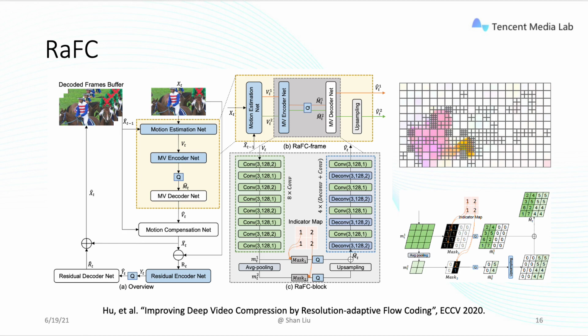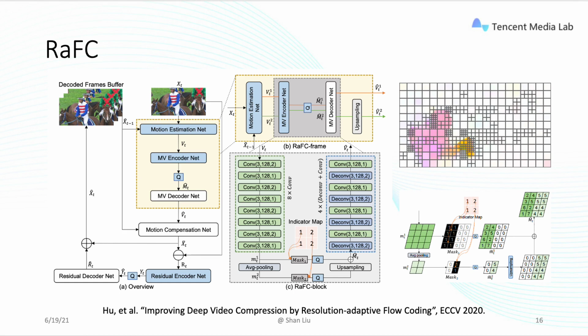Frame level RaFC is used to automatically decide the optical flow map resolution for each video frame, and the block level one can select the optimal resolution for each 64 by 64 macro block. In addition, the rate distortion criterion is applied to both RaFC frame level and block level to select the optimal motion coding mode to achieve higher coding efficiency.